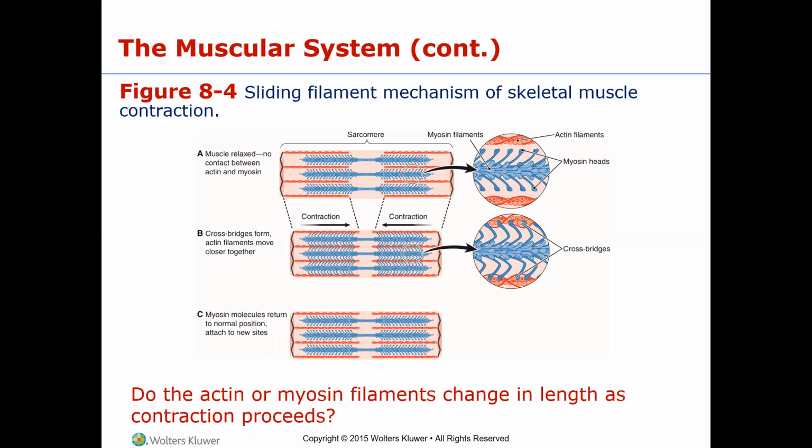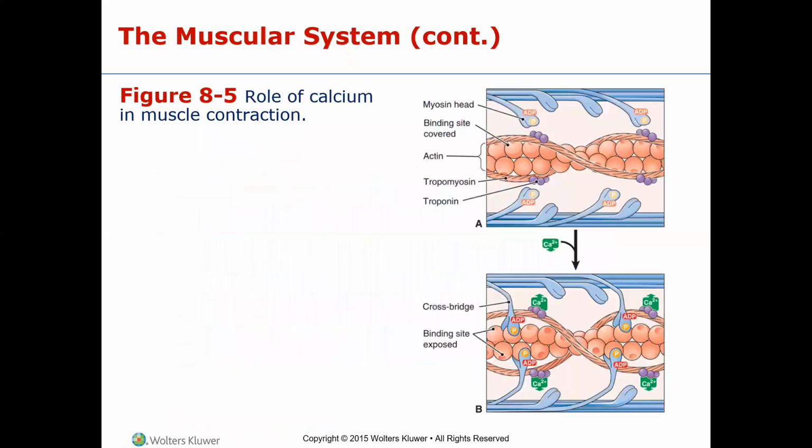But what happens here is kind of unique, because we have times that we don't need our skeletal muscles to be contracting. Well, at that point, they're covered up, and they're covered up by these things called troponin. So this is actin.